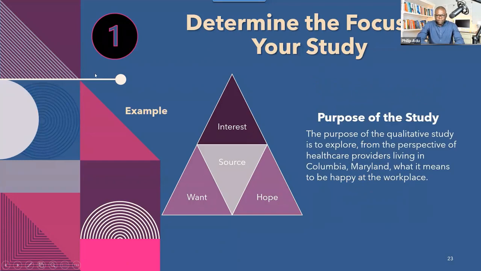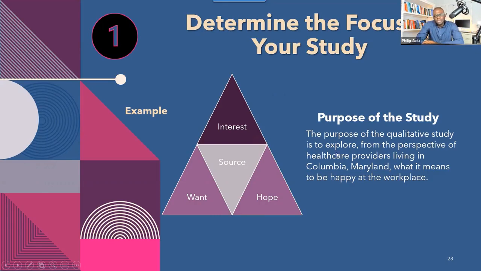So let's go. Based on the example I gave, this is what I came up with. The purpose of the qualitative study is to explore, from the perspective of healthcare providers living in Columbia, Maryland, what it means to be happy at the workplace. I chose Columbia, Maryland, because it's one of the happiest cities in the US.